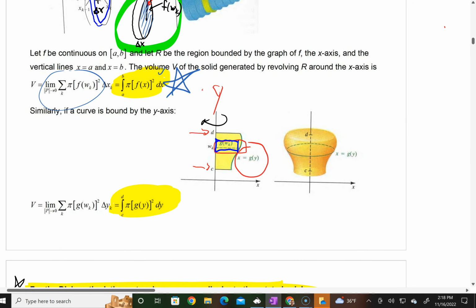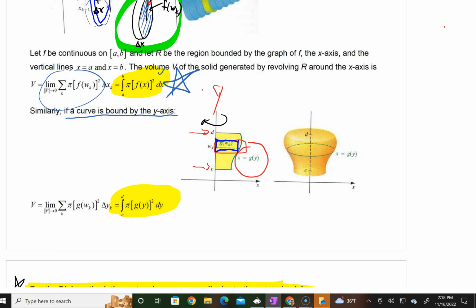Now, of course, here is the corollary. You could say, wait a minute. Last time in 6.1, we saw that we could find area really going in terms of functions of y. And this is exactly what we're going to see here. Your curve could be bound not by the x-axis, but by the y-axis, and you could rotate around the y-axis.